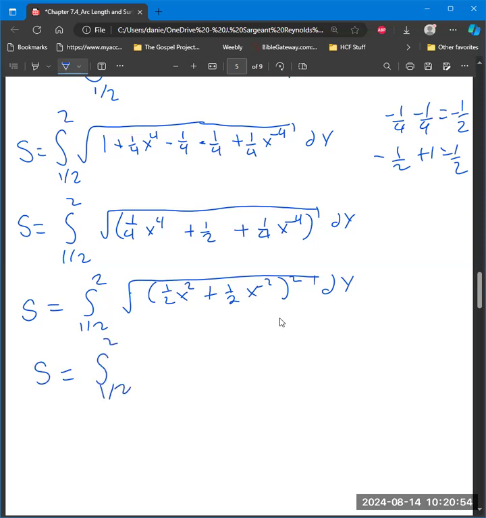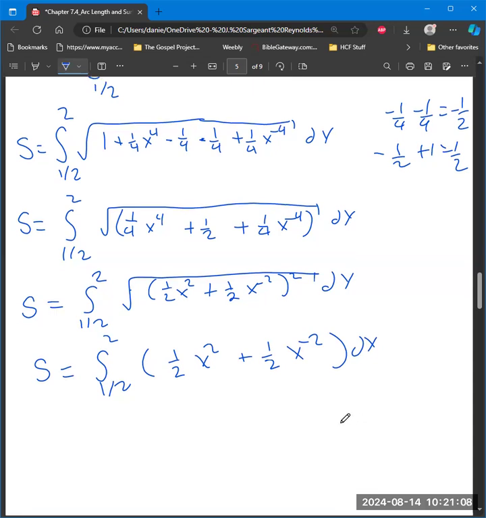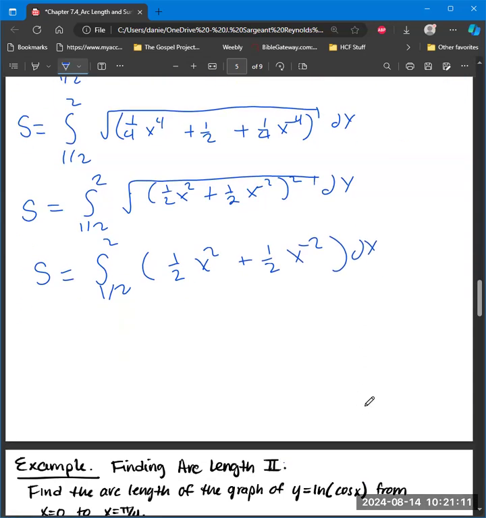The integral from 1/2 to 2 of 1/2 x squared plus 1/2 x to the negative second dx. And so we can pull that 1/2 out.